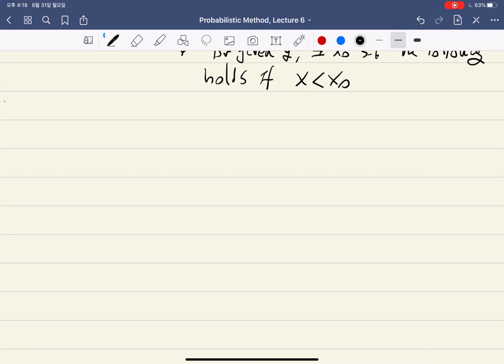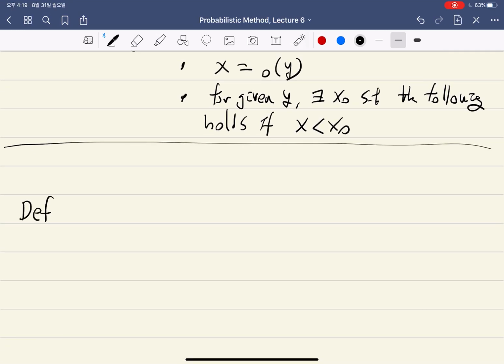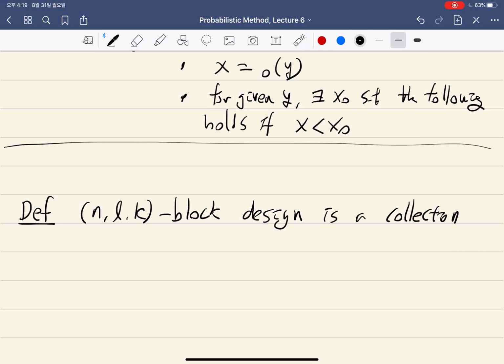It has several applications, and one of the applications is about the existence of designs, more of an approximate design. So let's define this. An (n, l, k) block design is a collection of sets of size l in this bracket n set.